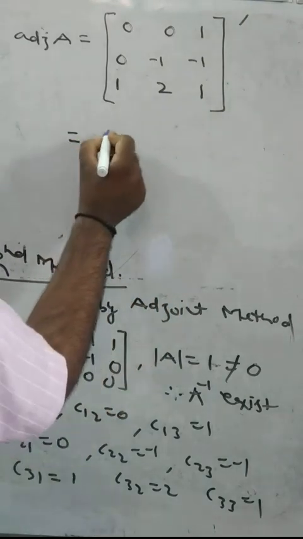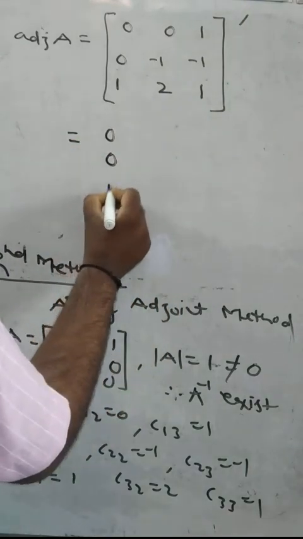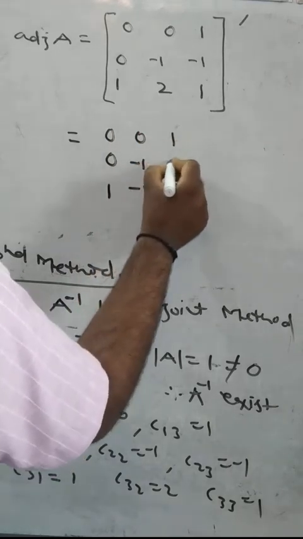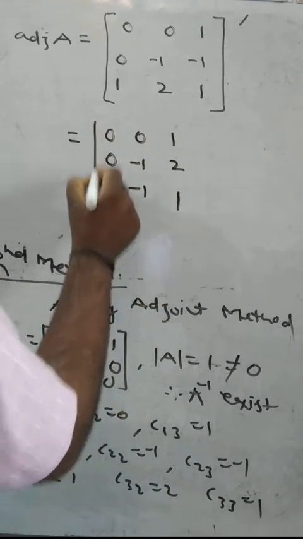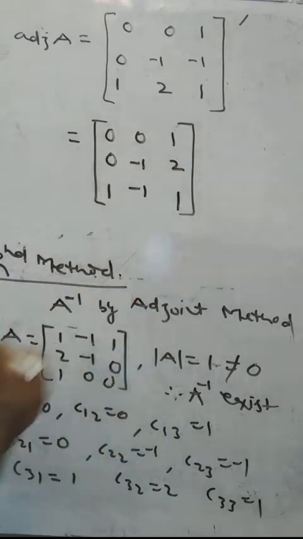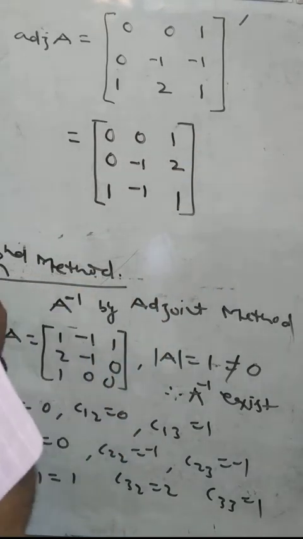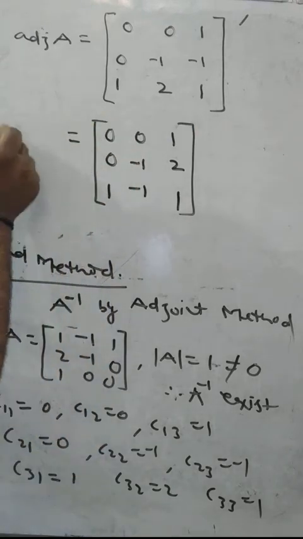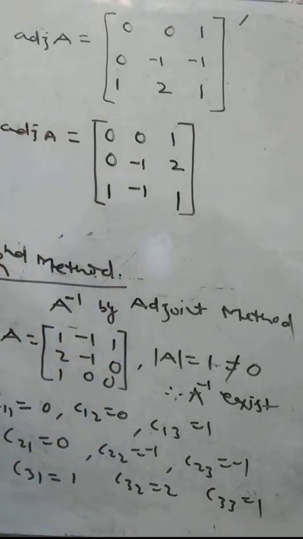So we are getting 0, 0, 1, 0, minus 1, minus 1, 1, 2, 1. And in the previous method you have seen that this is adjoint A.